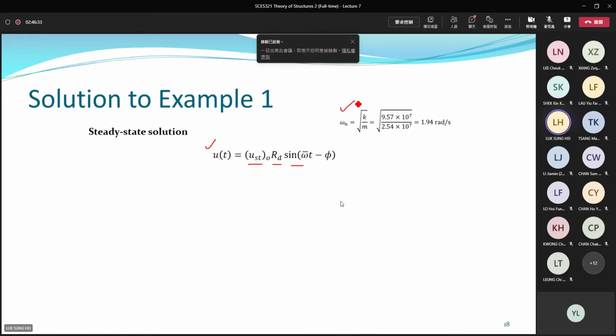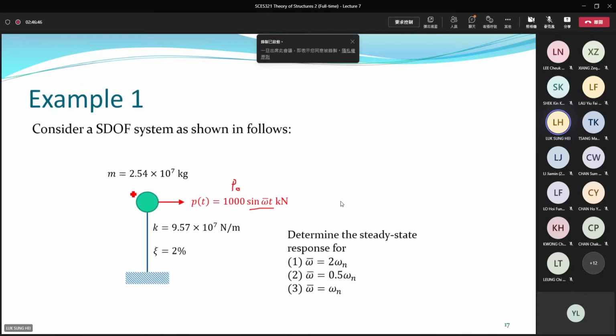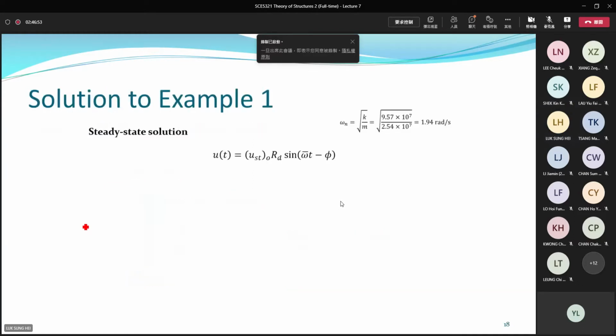On the top right-hand corner, I also calculate the natural frequency of the system, square root of K over M. You know K, you know M, so you can evaluate the natural frequency immediately. K and M are given in the problem. In this question, I give you the dynamic properties. The work we have to do is just calculate UST and RD, pretty straightforward. And also find beta.